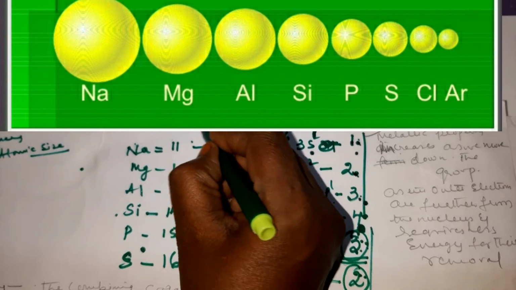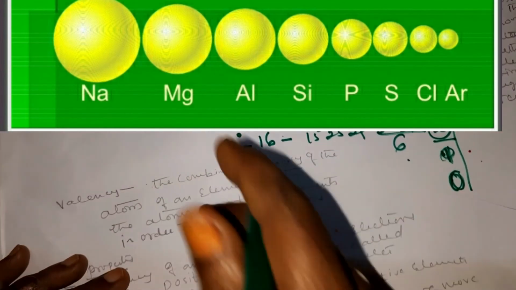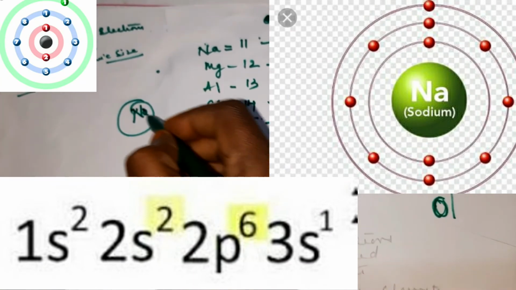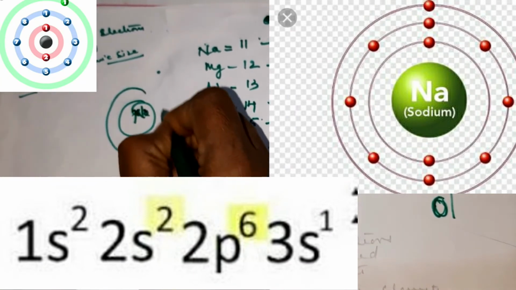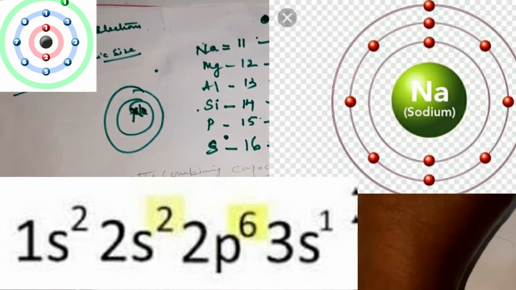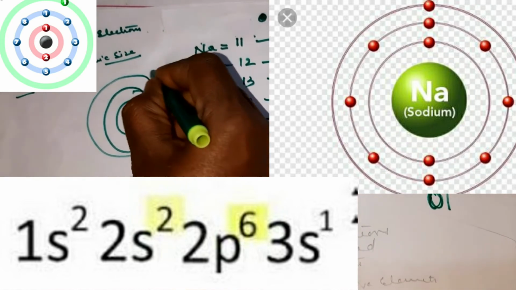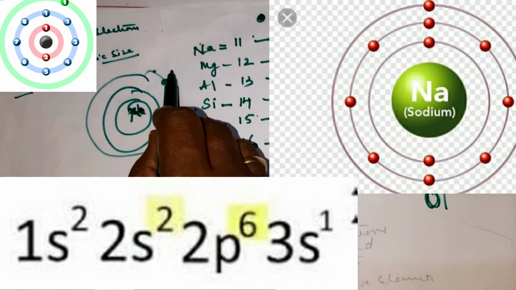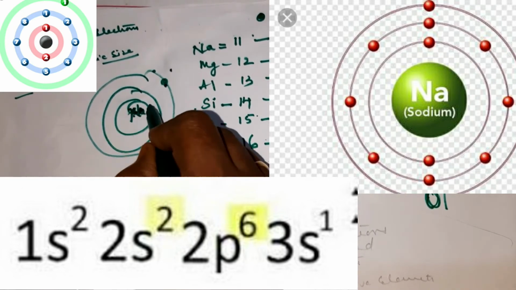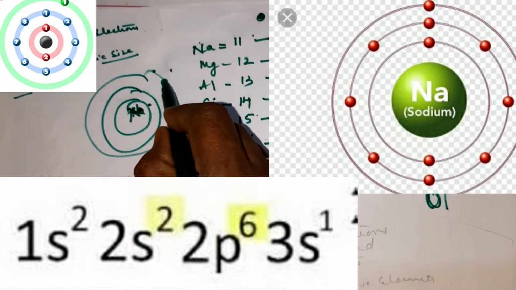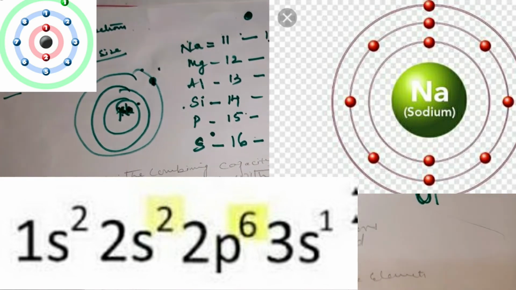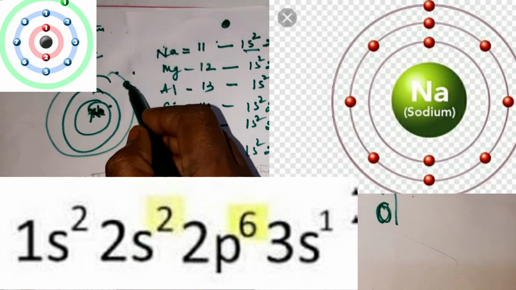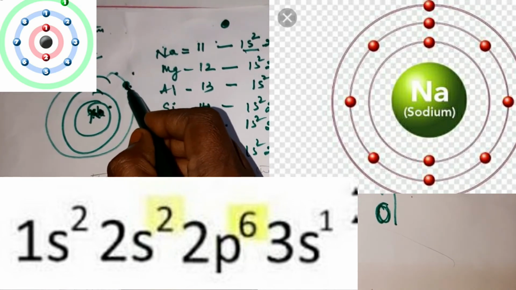So if you take this as the nucleus, this is sodium, children: nucleus at the center, first shell, second shell, third shell. In the third shell you find 1 electron. The outermost electrons are far away from the nucleus, so these electrons can be lost very easily.